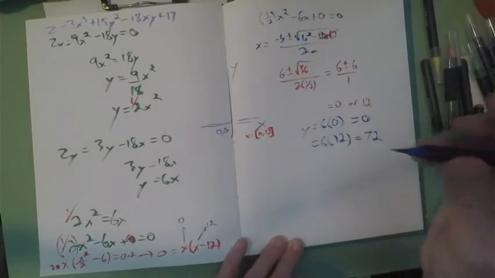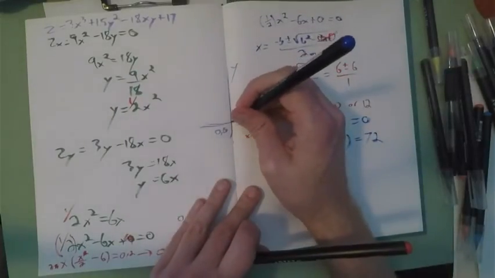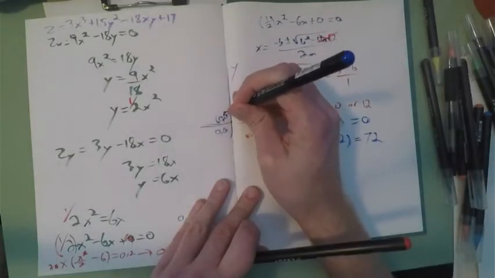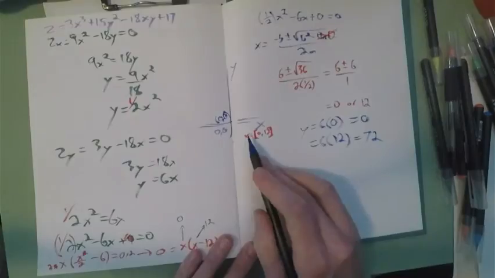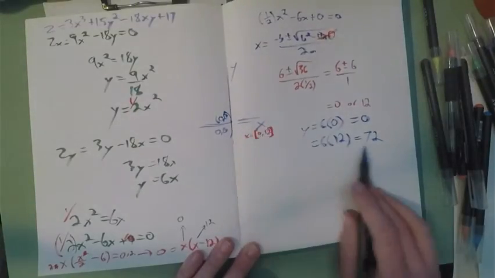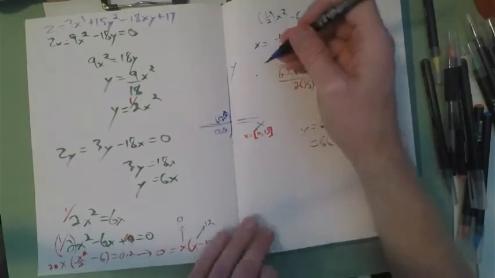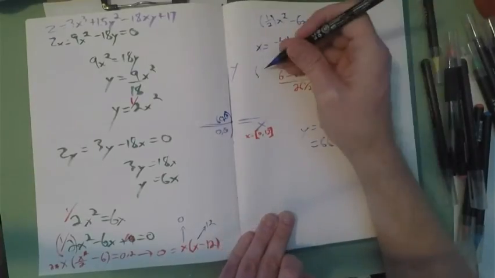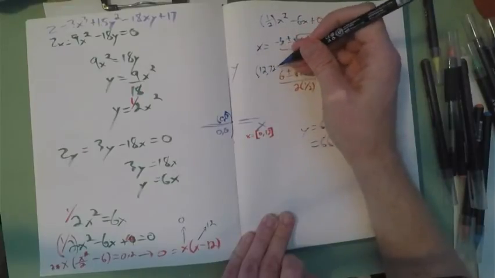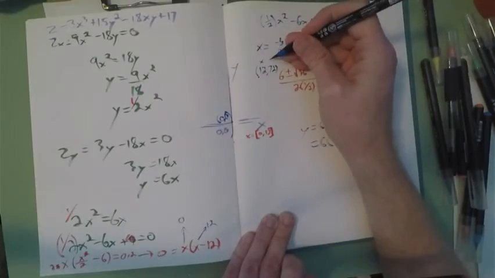So our critical points are 0, 0. So the origin is one candidate point, and then x equals 12, y equals 72 is another possibility: 12, 72. 12 is x, 72 is y.